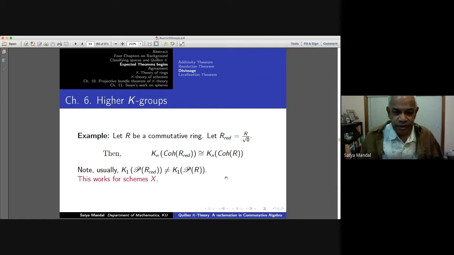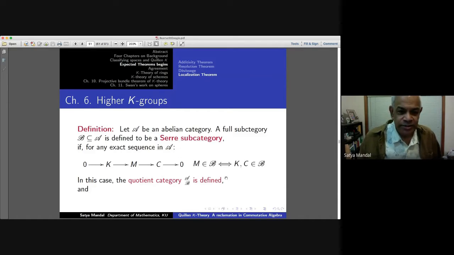If you're working with local rings, K1 is the units in the ring, so you can easily cook up examples. I wrote this works for schemes, but the previous line, this K-theory will agree. And it has a lot of applications.